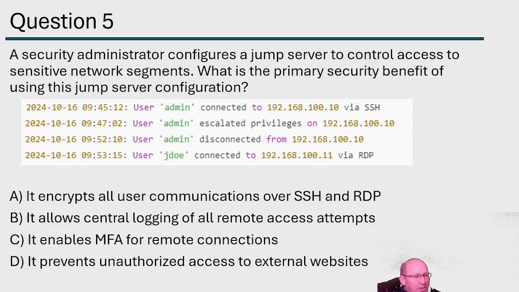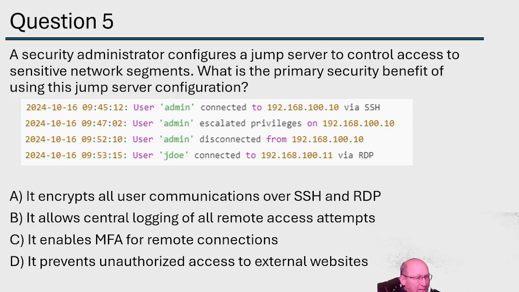D, it prevents unauthorized access to external websites. Usually not. Usually when we talk about preventing unauthorized access to external websites, we use firewalls. A firewall would be more fitting for that specific example. So it's really got to be either B, it allows central logging, or C, it enables multi-factor authentication.